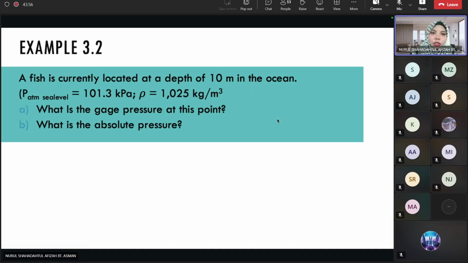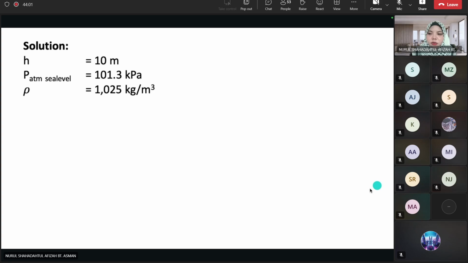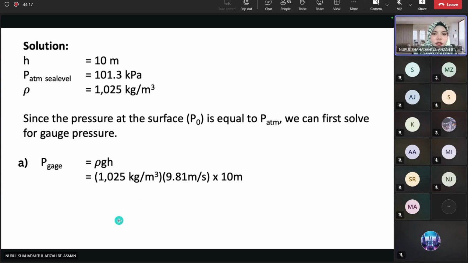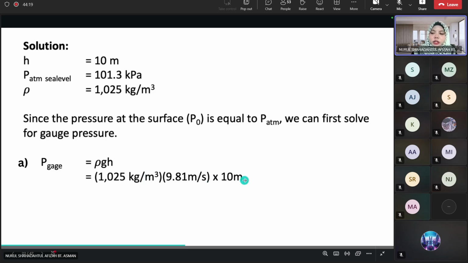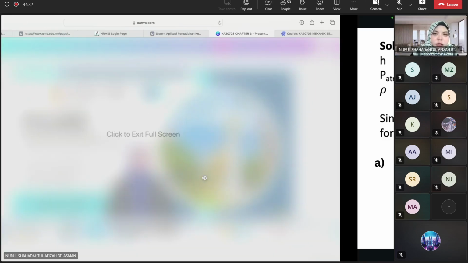Kira dulu. So we show the answer for A. So the first answer is correct lah. So how to find P gauge equals to density times gravity times height, ρgh. So just substitute the value, insert the value here. Make sure your unit is correct. And you have 100 kilopascal. So you correct lah jawaban tadi.